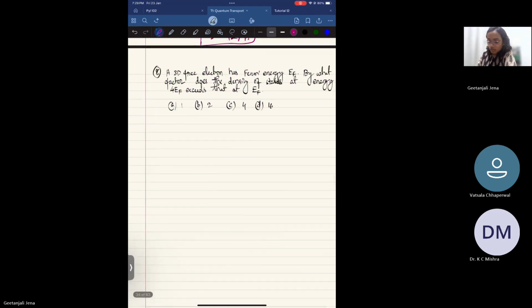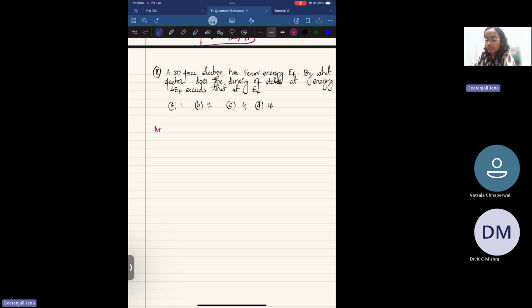Okay. The question is quite straightforward. A 3D free electron has Fermi energy EF. By what factor does the density of states at energy 4EF exceed that at EF?